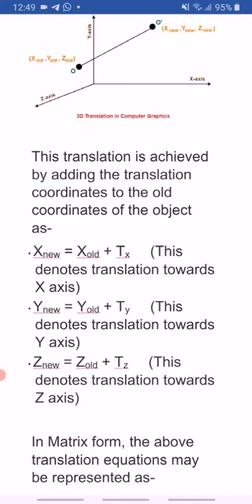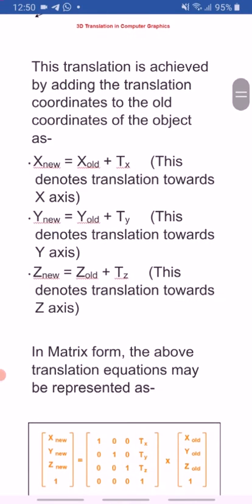This translation is achieved by adding the translation coordinates to the old coordinates of the object. That is, we can get the x new, y new, z new coordinates by adding the translation vectors with the old coordinates, that is x old, y old, z old.